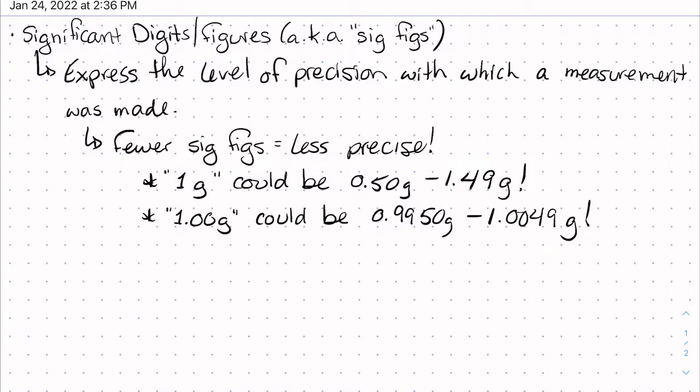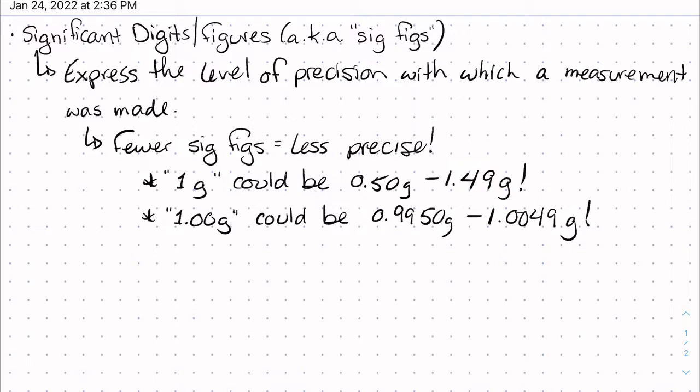So that's a much tighter range. By putting in those extra zeros, those extra significant digits, we're showing that the measurement was more precise, that there's a much lower variance in what that mass could actually be, and that's why it's really important to express our measurements in science to the appropriate level of precision.